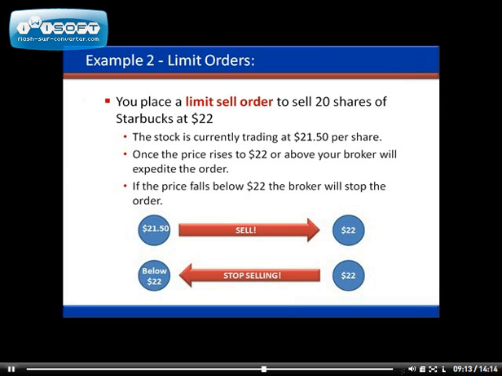Once the price rises to $22 or above, your broker at that point in time will expedite the order, meaning we can sell now at $22 per share, because the limit order that you put in was to sell Starbucks shares once they reach $22. Once it gets below $22, then you want to stop selling.